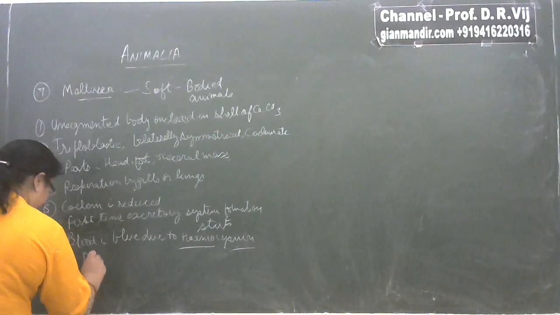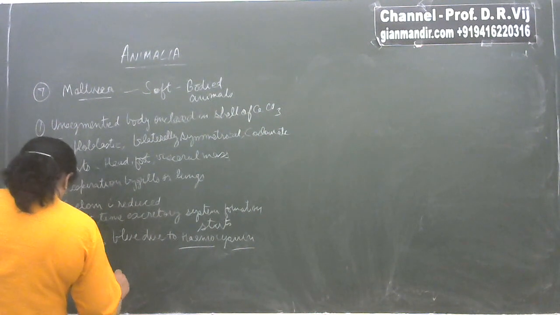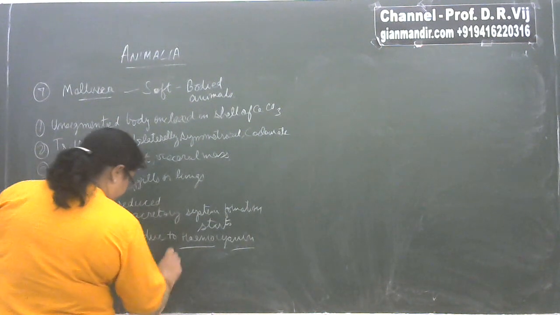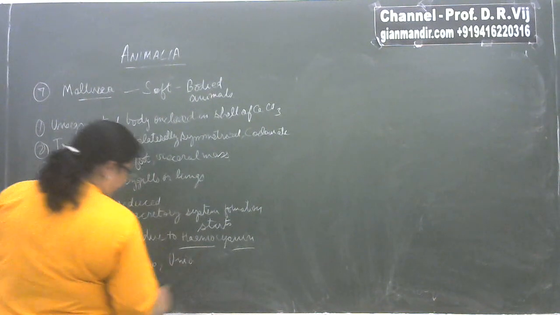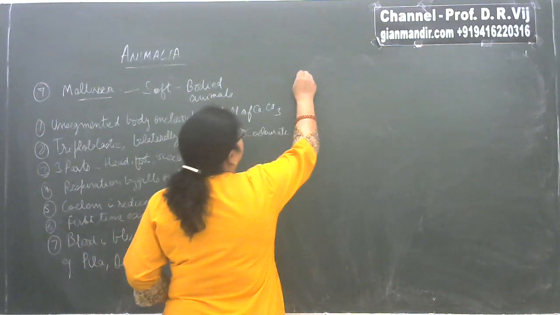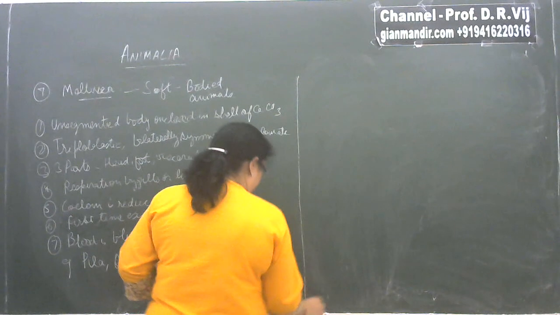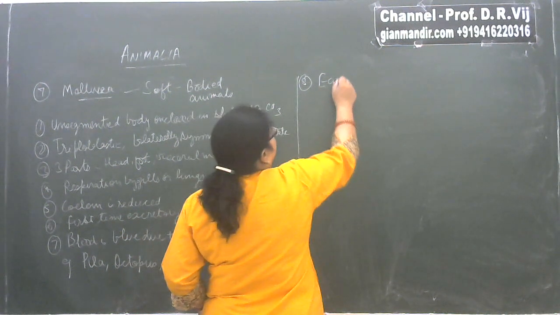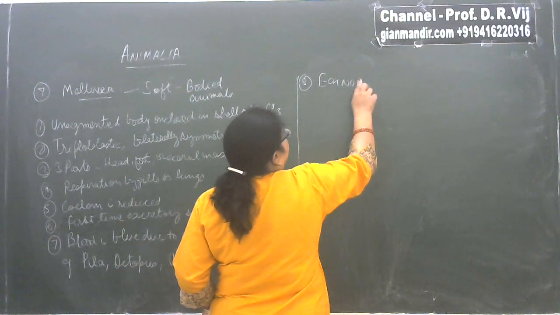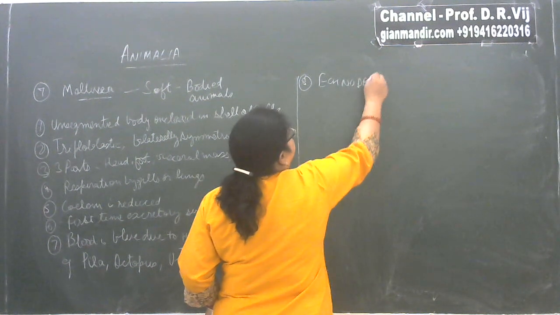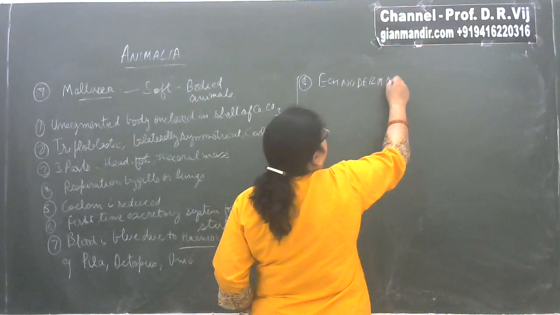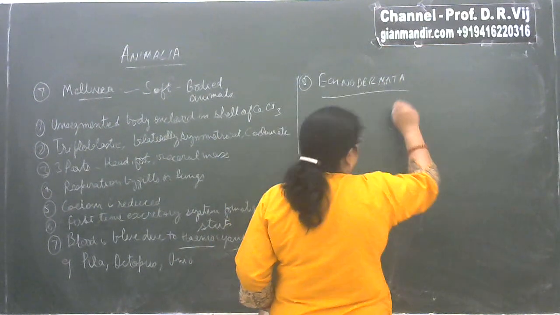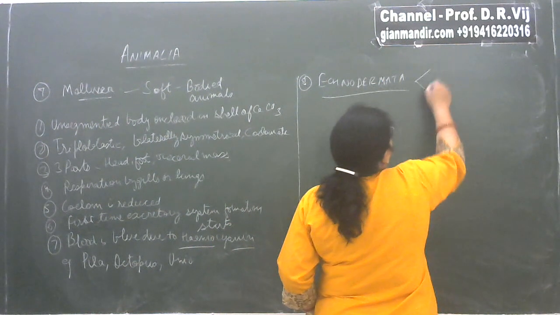If you look at the example, here are pila and octopus, unio, etc. Right? And another phylum of the animal kingdom here is Echinodermata. Echinodermata is again a combination of two terms.